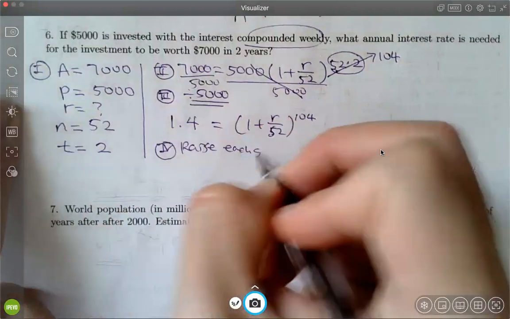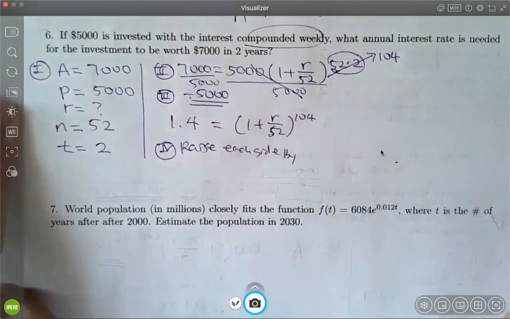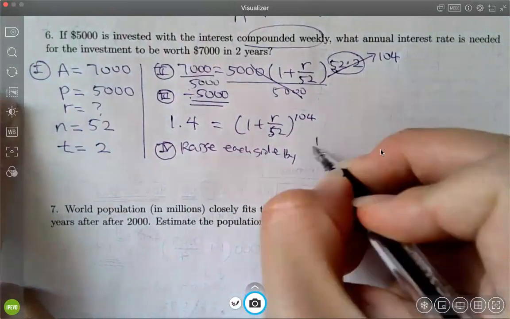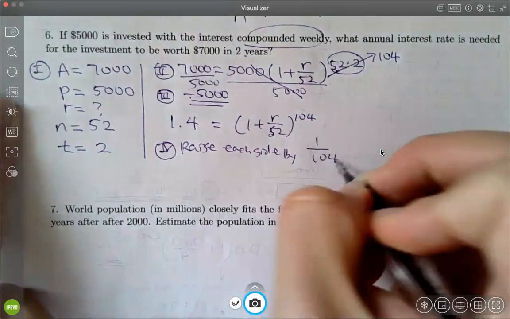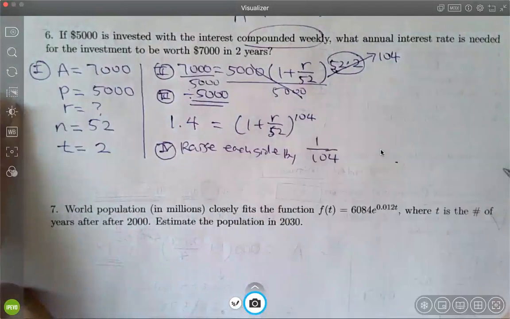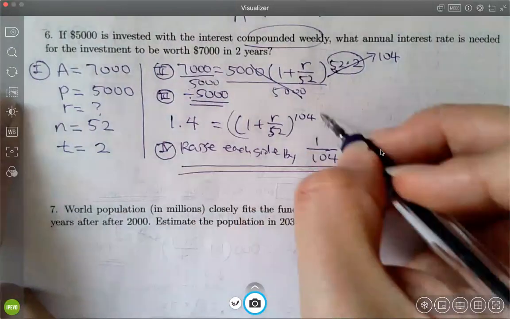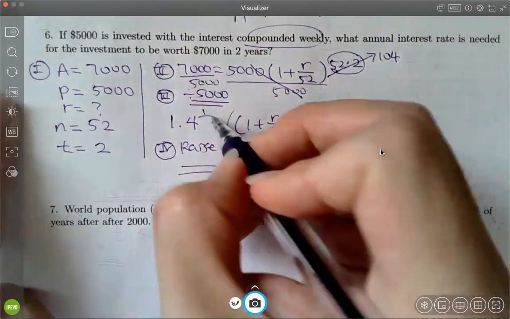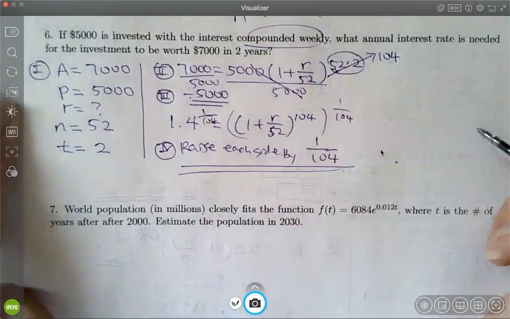Raise each side by what power? That, right? So that means we have 1 over 104, 1 over 104 like this. Then these two will cancel.